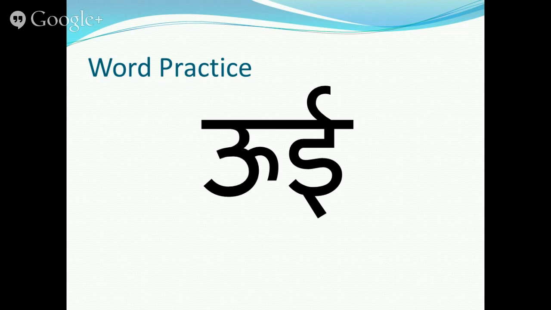This is oo followed by e. Once again, because the vowel is after another vowel, we have to use its full form. Ooey.